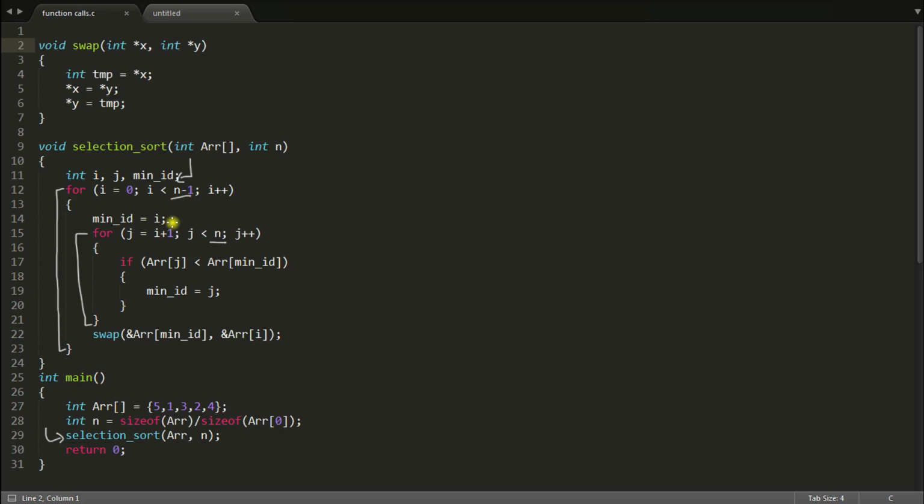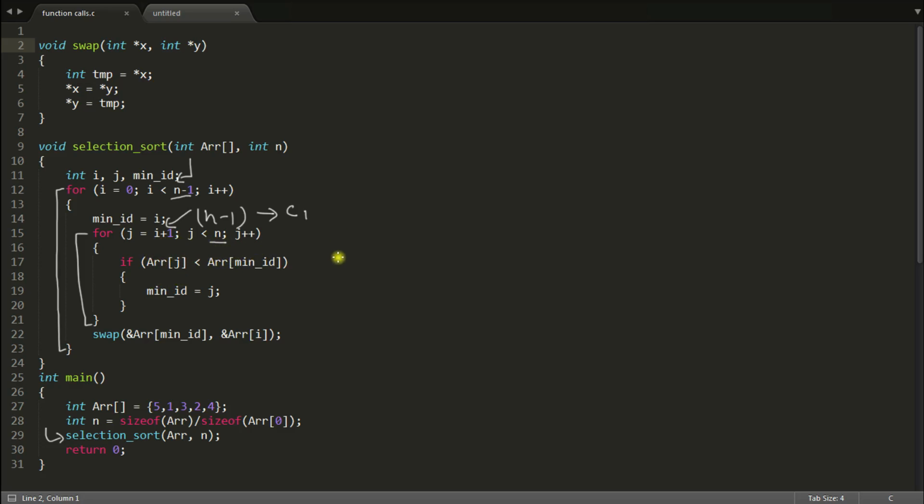So let's calculate how many times. So this particular location, I mean this one, will be executed n minus 1 time. Okay, and this for loop, so let's call this some constant, let's suppose c1, and this for loop will go from I plus 1 to n. So this is not always the constant, it will run these many times only.